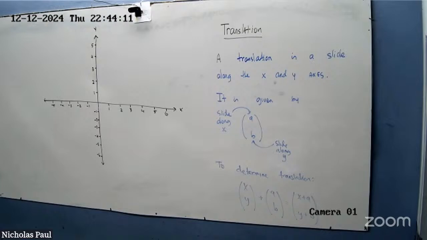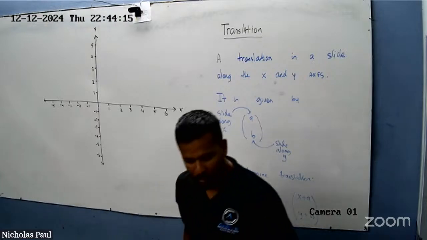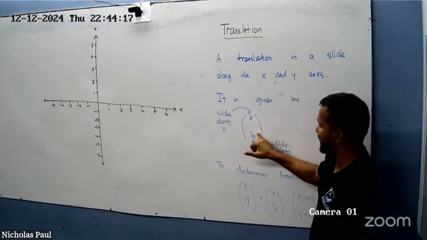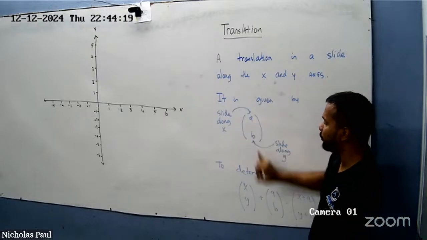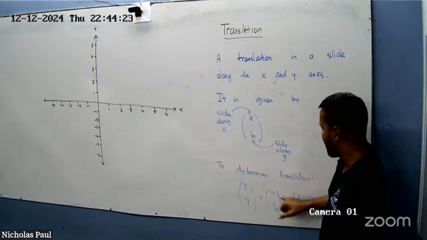Okay? So if I give you this translation, in order to get where the new point is, you just add in the X and the Y to it. X plus A, you'll get this.